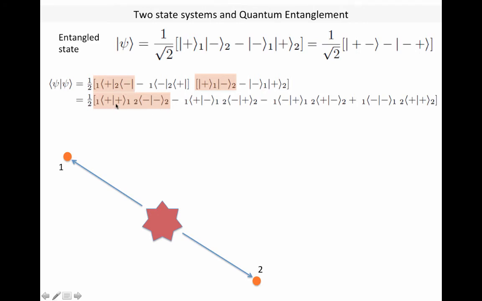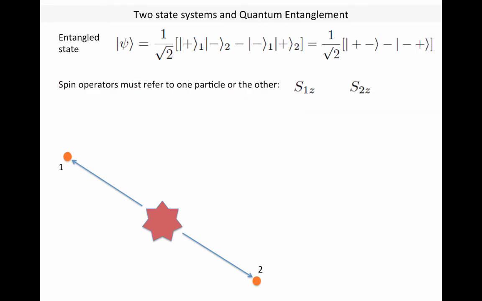The inner product of plus with plus for electron 1 and minus with minus for electron 2, the inner product of plus with minus for electron 1 and minus with plus for electron 2, the inner product of minus with plus for electron 1 and plus with minus for electron 2, and the inner product of minus with minus for electron 1 and plus with plus for electron 2. The first and last of these terms are equal to 1, and the second and third are equal to 0. So overall, we get the answer 1. So the state is correctly normalized.